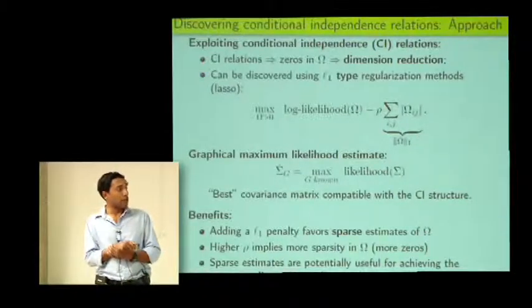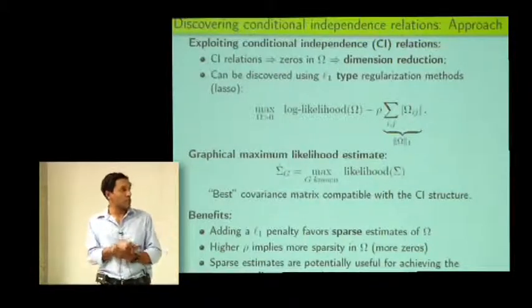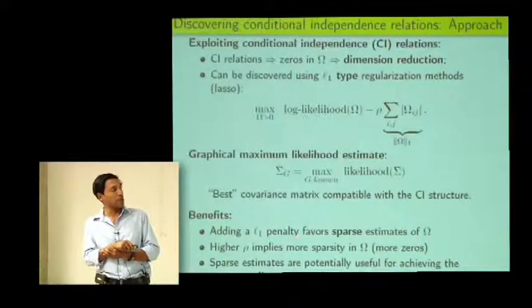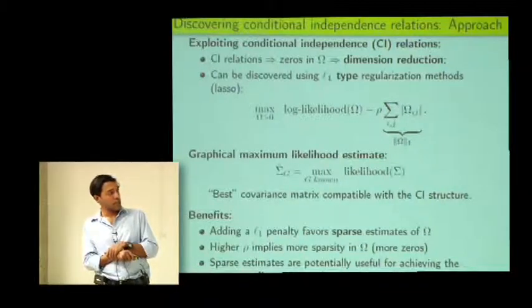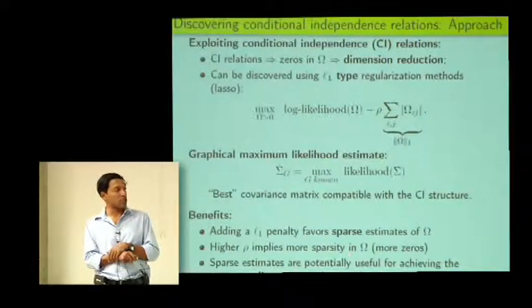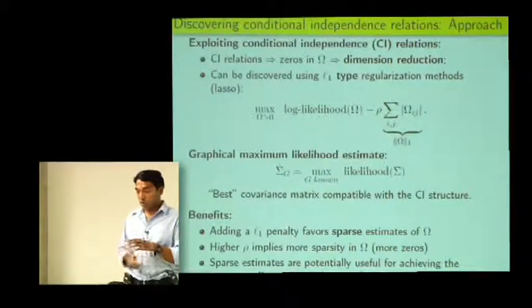This is quite a difficult problem to solve, for various reasons. As I said, adding an L1 penalty favors sparse estimates for the inverse covariance matrix. The higher the penalty, the more sparsity. And sparse estimates are useful for achieving the necessary dimension reduction that we need, because there's structure.